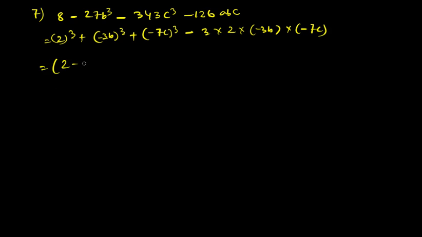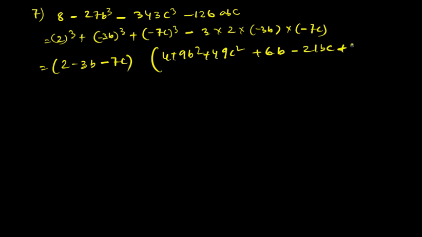That means (2 minus 3b minus 7c) times (4, 9b square, 49c square, plus 6b, minus 21bc, plus 14c). That's the question number 7.